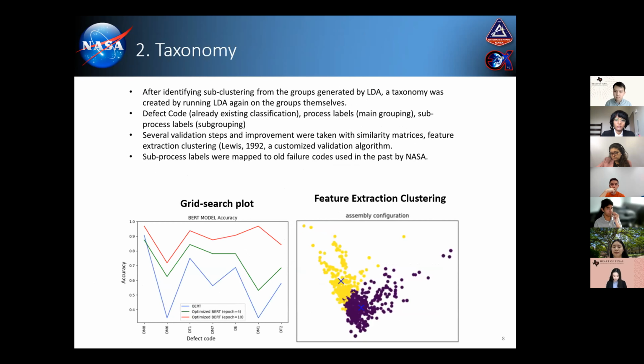So a little bit of the taxonomy. I talked about how I ran some feature extraction clustering, and then I saw that there was some substructure. So I decided to run this LDA BERT model again. I don't talk that much about BERT, but BERT uses transformers, and it's a model that Google, I believe, developed.